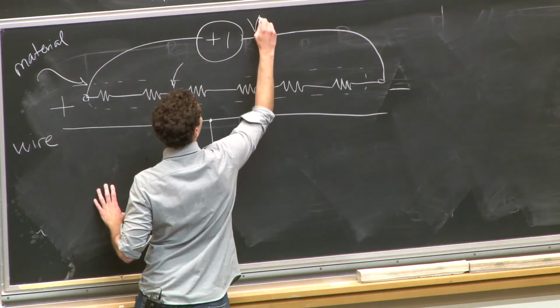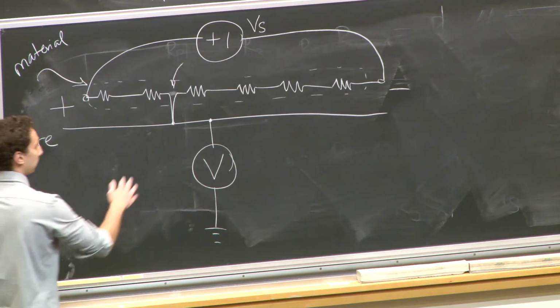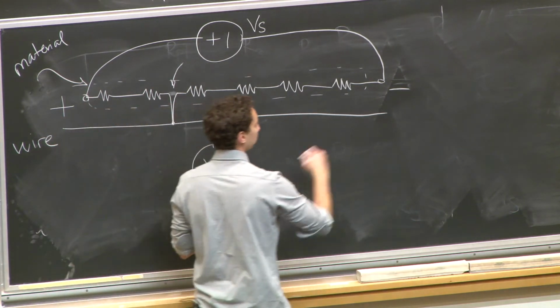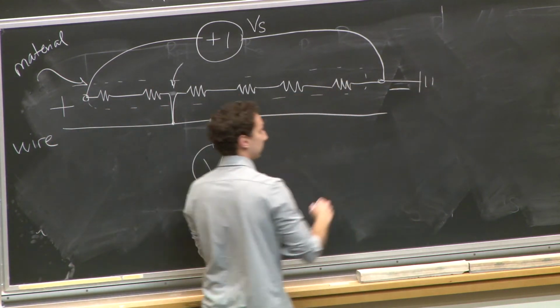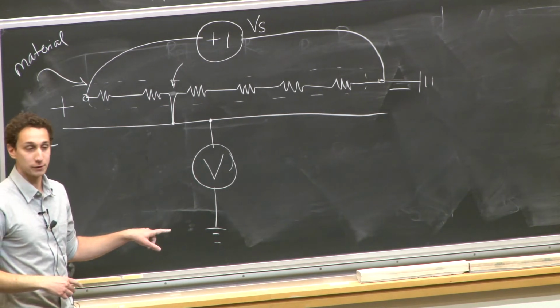Call this voltage the source. And now can I detect the touch? Let's say for the sake of argument, and let's call this ground as well.